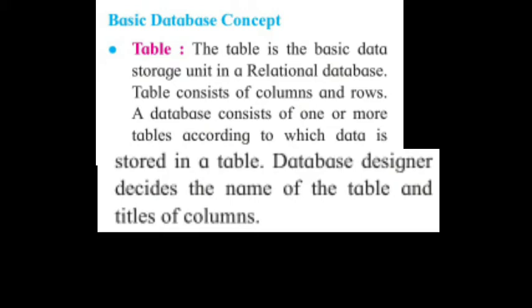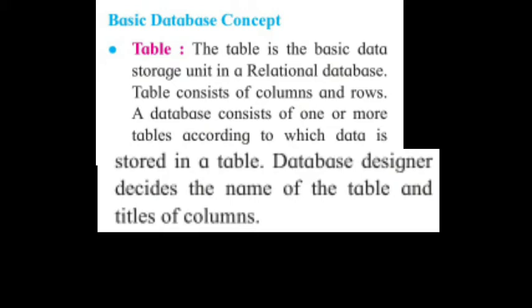The database designer decides the name of the table and the title of the columns. For example, suppose we have the information of 5 different students, and I want to store the information of these 5 students in table form. Which columns do we generally consider? First of all, serial number. Thereafter, in the second column we give the heading roll number. In the third column, the name of the student.